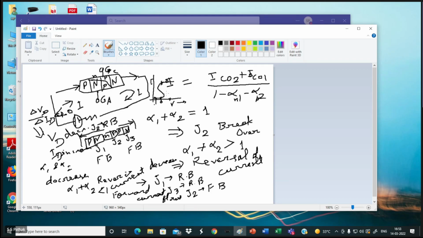Negative means it's jumping from here to here all of a sudden. This takes a fraction of a millisecond or so, so I cannot observe what is happening in between. So the V and I characteristic is changing accordingly. So it is used as a switch. So a thyristor is used as a control switch in your power system.